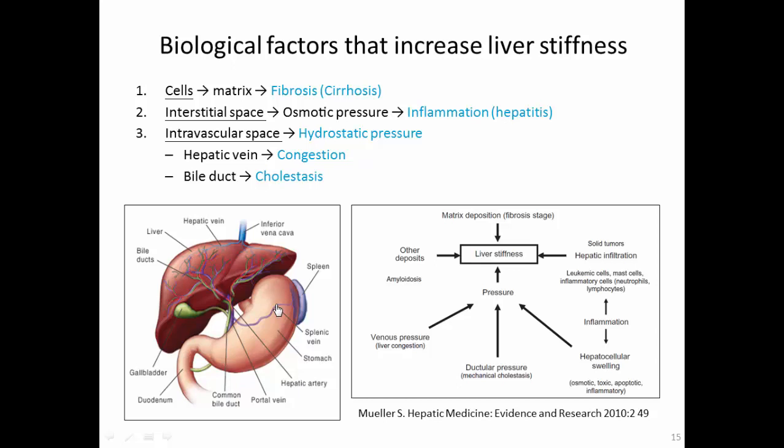So the pathology or abnormality in the vein, for example, hepatic venous congestion or bile duct cholestasis, may increase intravascular or bile duct pressure. And the inflammation in the hepatic tissue, such as hepatitis, may increase interstitial space or osmotic pressure. And this results in the compression of the liver tissue and leads to increased liver stiffness.